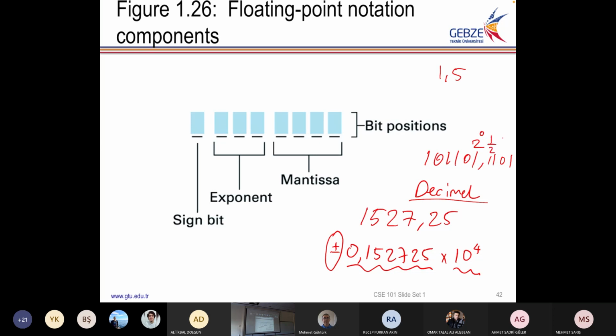This is 1/2, 1/4, 1/8, and so on. So if you go from the decimal point to the right, it is 1/2 to the 1, 1/2 to the 2, and so on. To the right, half, quarter, etc.